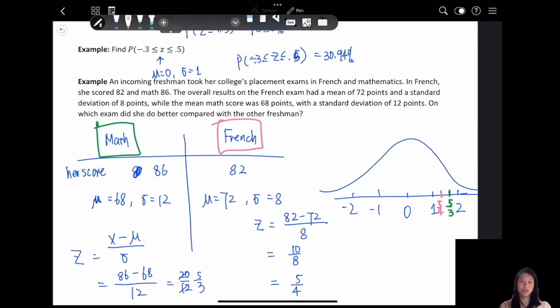So which one is doing better? Do you think closer to the center means better, or away from the center is better? Of course, when asked which one is better, it asks which one is more extraordinary, definitely the further away one.